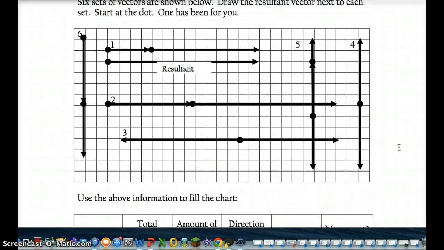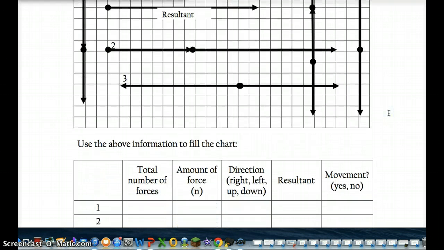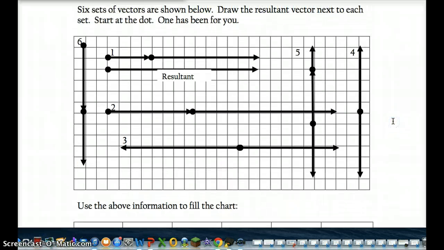Now our resultant is going to be 14. So we're going to have to put a dot, and we're going to count 14, and in our 14th box we'll put that right arrow, okay? So down here our resultant is 14 newtons. And then yes, there is movement. Because they are working together, it is going to move to the right.